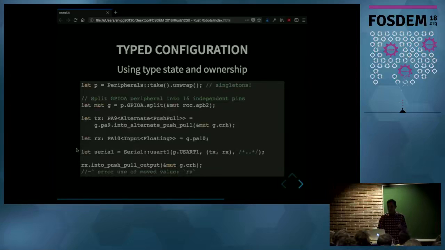And another thing you get here is that, for example, the last line tries to change the mode of the RX pin into output mode. And that will break the serial abstraction, because the serial abstraction expects that pin to be in input mode. But you cannot do that with this API, because when you constructed the serial abstraction, you passed TX and RX by value. So now the serial abstraction owns both pins, and you cannot configure them to be any other thing.